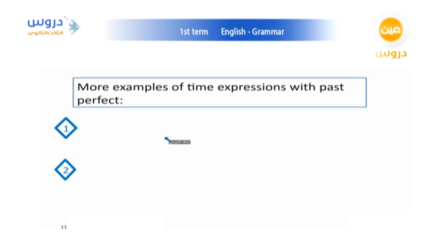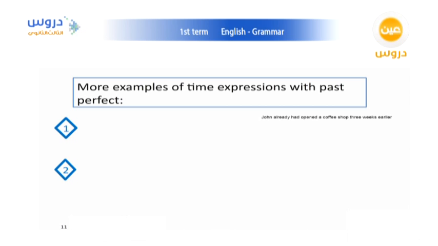More examples of time expressions with the past perfect. I can say, for example, John already had opened a coffee shop 3 weeks earlier.